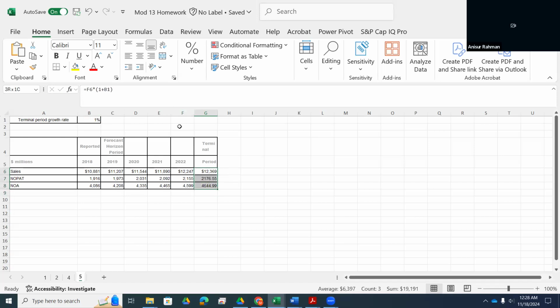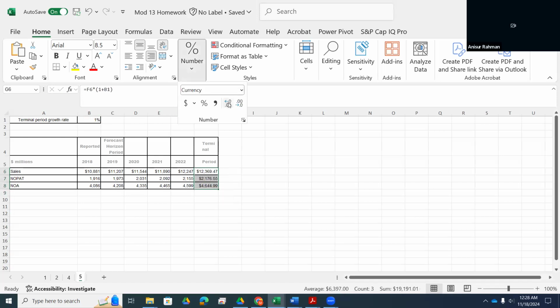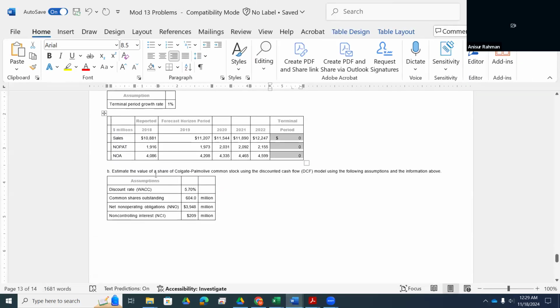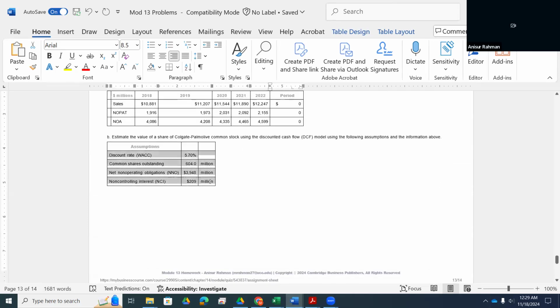So this should be in 2 decimal place. Okay. Now estimate the value of common stock. So these are the assumptions.